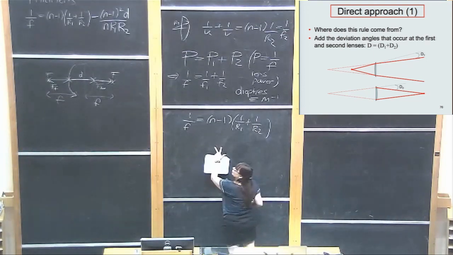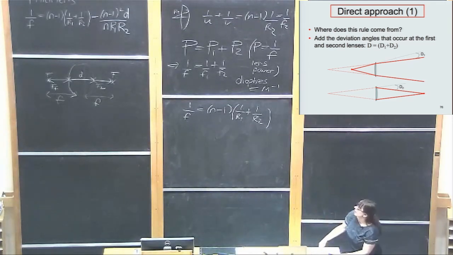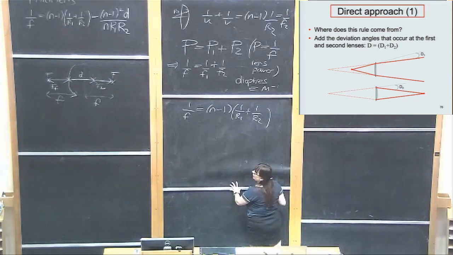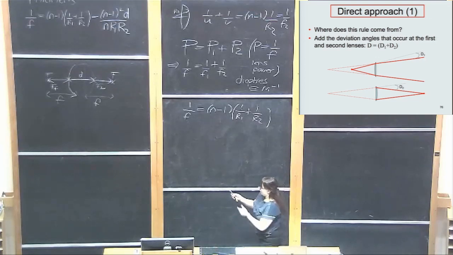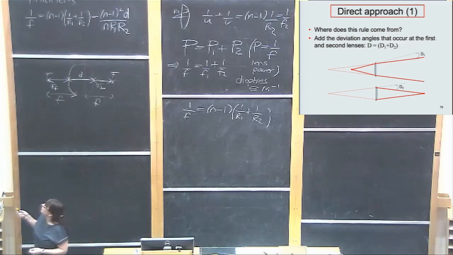So it's probably quite intuitive, to be honest, and I'm going to demonstrate it in two ways. This first way is just looking at the deviation angles. So if I first look at the first lens, here's my line.